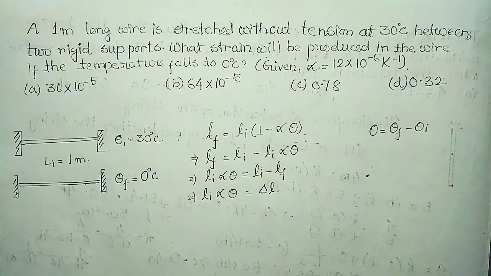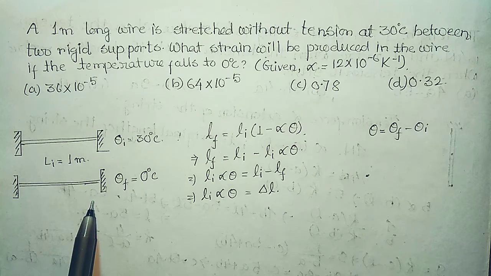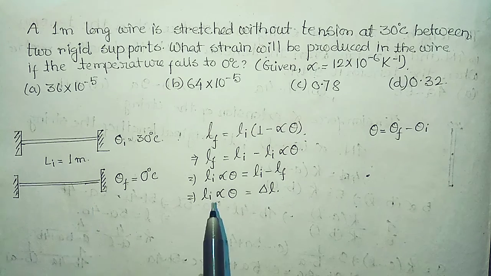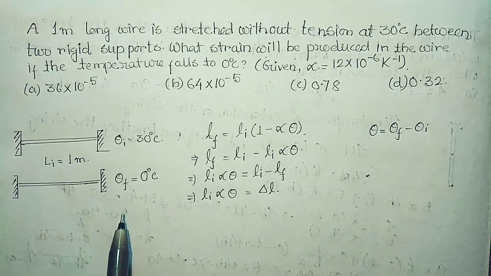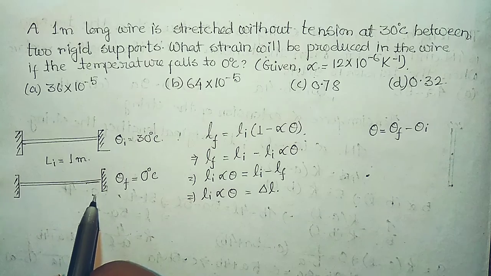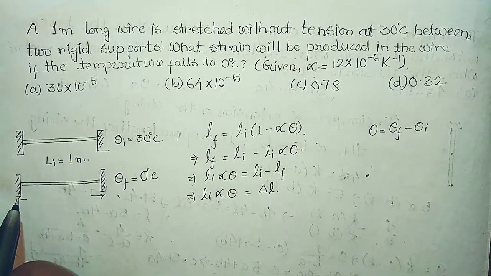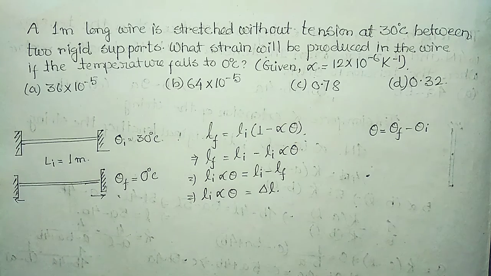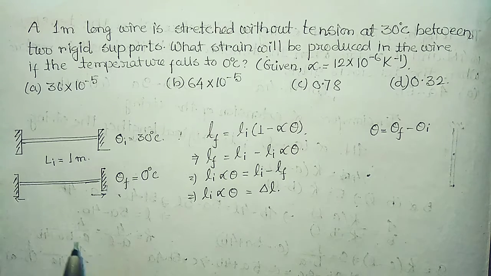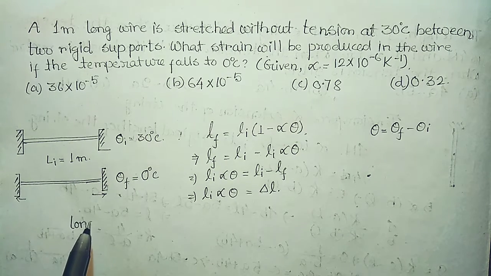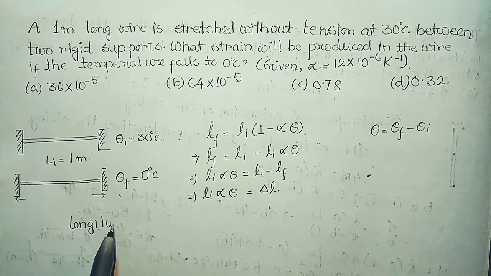Obviously that is if it is not connected between two fixed supports, but since it is connected between two fixed supports, it will stay at its own length. Now these mechanical forces act on both sides, a stirring force is developed, deformation occurs. So we can say a longitudinal strain is developed here.